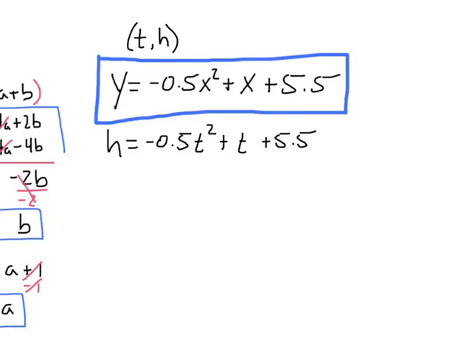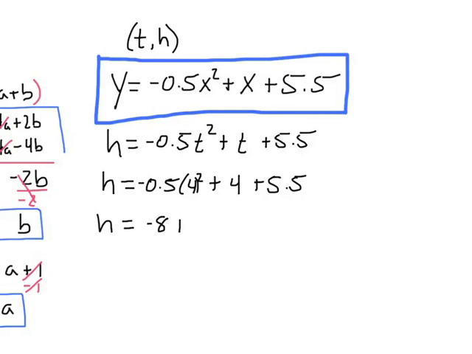Okay. And they want to know what the height is at 4 seconds. So we're plugging 4 in for t, or x. So our height is going to be negative 0.5 times 4 squared plus 4 plus 5.5. Well, what is 4 squared? 16. And what is 16 times negative 0.5?